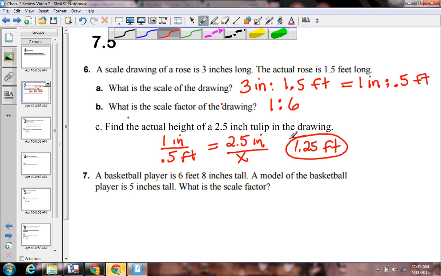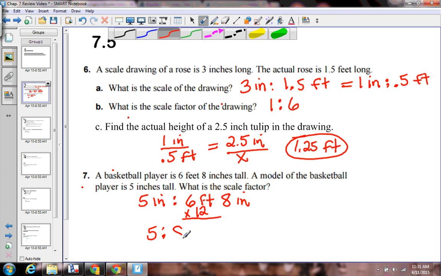Okay, for number 7, we're going to compare again the model, the 5 inches, to the 6 feet 8 inches. And we need to compare the same unit, so let's change 6 feet 8 inches into all inches by multiplying 6 feet by 12, because there's 12 inches in a foot, and adding the 72 to the 8.